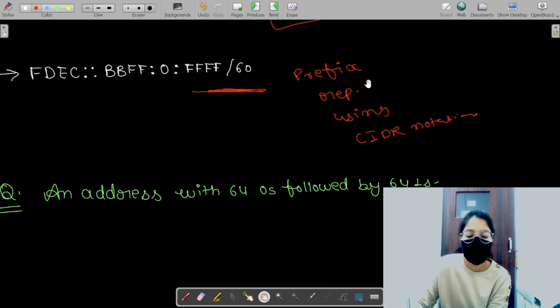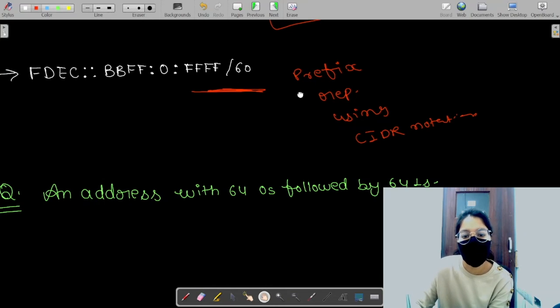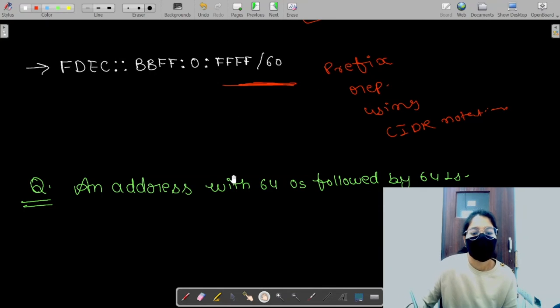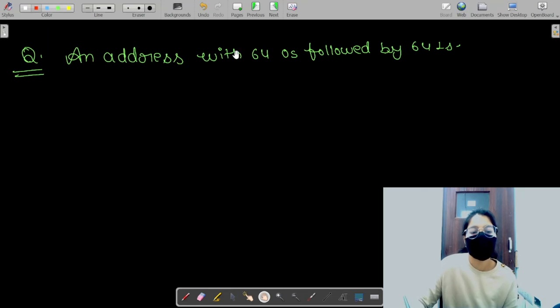What are prefix and suffix? We will see further how we can classify a prefix and suffix. So CIDR notation shows the prefix; we can show the prefix of bits. Okay. So now we will see one question.